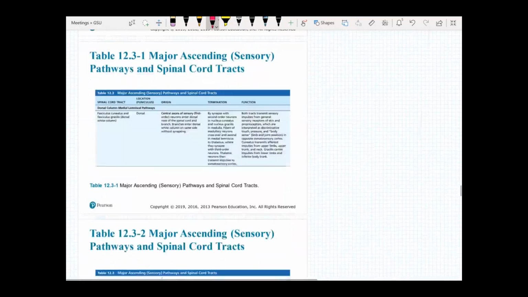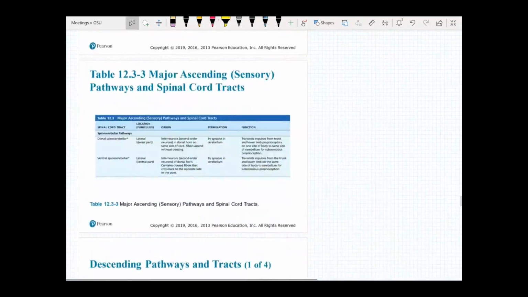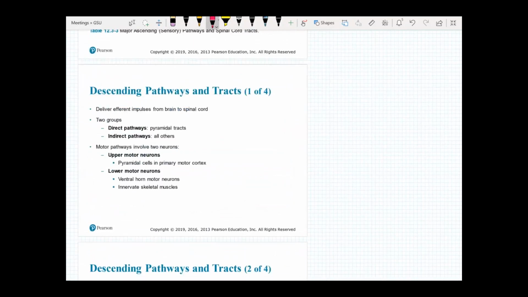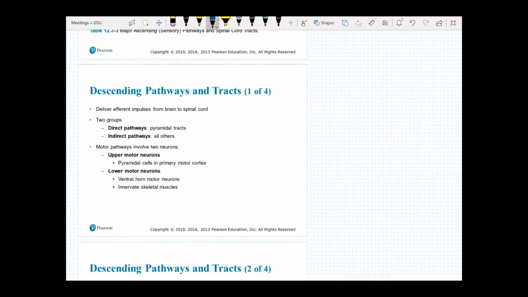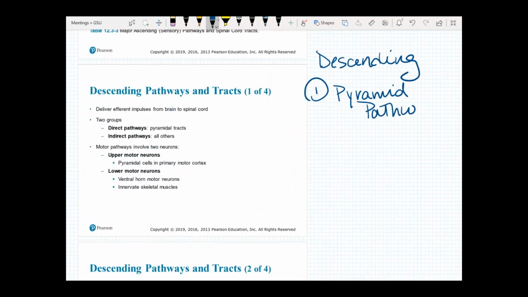So those are the ascending pathways, and all of this is information about them. And then when we come down to the descending pathways, there are two pathways to talk about. The first one is the pyramidal pathways. These are going to carry motor output information.